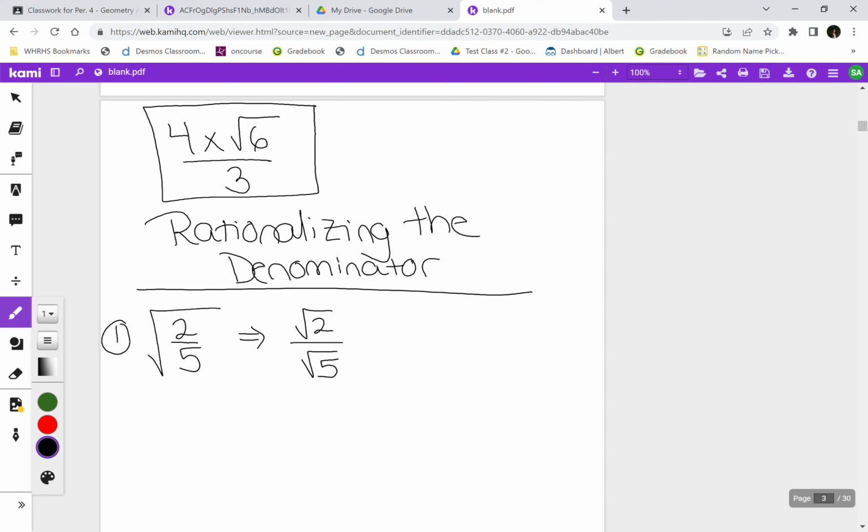Who remembers what you multiply a radical by to get it to be a whole number? Ariana? Itself. You multiply a radical by itself to get a whole number. I know it's okay to have a radical in the numerator. I'm just not allowed to have a radical in the denominator. So I'm going to multiply top and bottom by the root of 5.